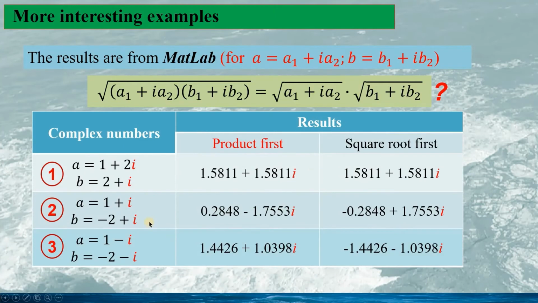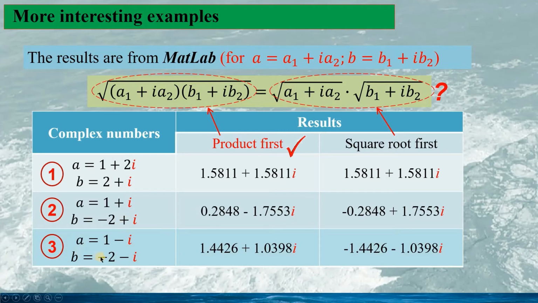Here, there are three examples for different complex numbers a and b. In example 1, we can see the product first calculation. We have a result as this, and we could calculate the square root first and times these two complex numbers together. So we have the result for the first example. These two methods give the same result.